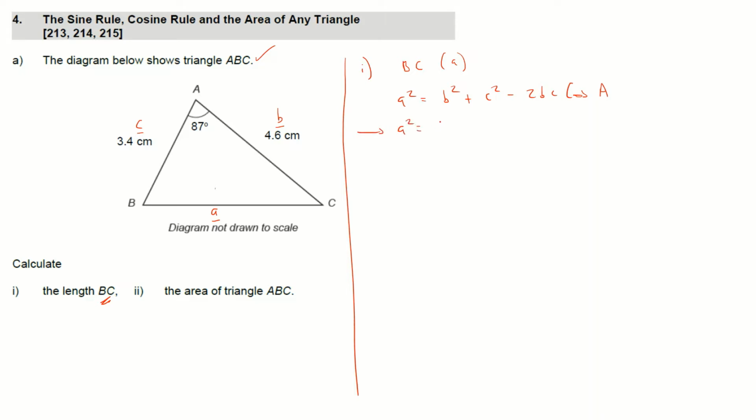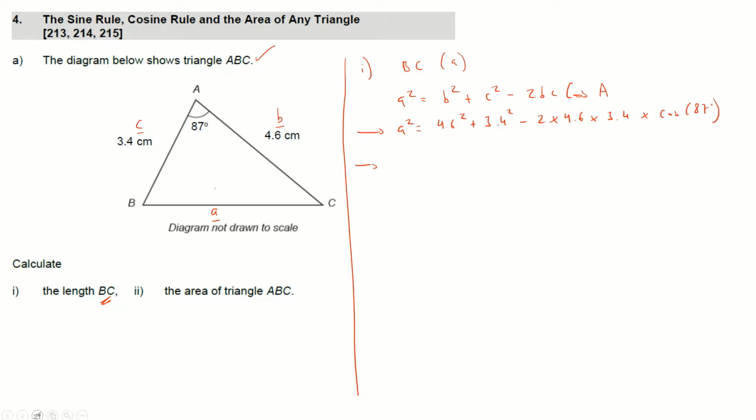I get A squared is 4.6 squared plus 3.4 squared, take away 2 times 4.6 times 3.4 times cos A. I know A, it is 87 degrees, so I'll put that in brackets. Cos 87 degrees.